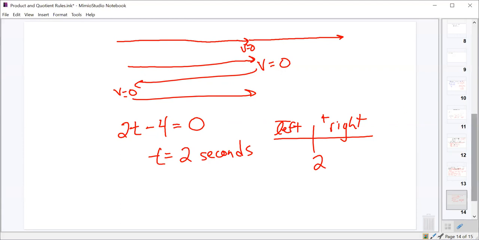Could you also find the axis of symmetry for the displacement equation? Because that's where the parabola starts changing directions too. Yep, you could, and that's exactly what you did here. Finding this t equals 2 is where that axis of symmetry is.